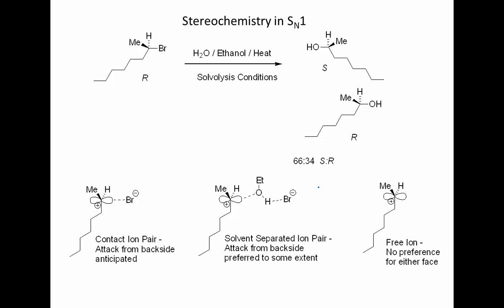And this is kind of a hard thing to predict. There are more than these 3 degrees of ionicity that I show here, but these are probably the 3 major ones.